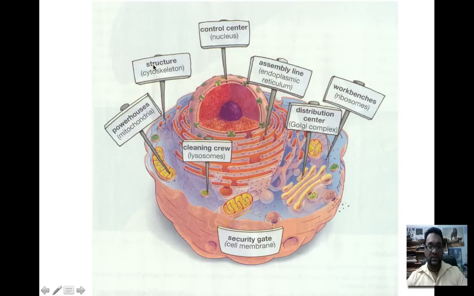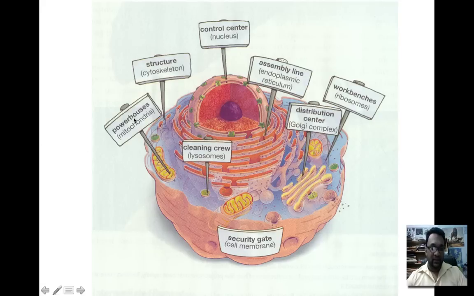If we go to the cytoskeleton now, all throughout the eukaryotic cell there's a network of microtubules that is called the cytoskeleton. The cytoskeleton is sometimes described as the scaffolding of the cell, and basically it gives the cell its shape, as well as being used to move around the organelles back and forth in the cell.